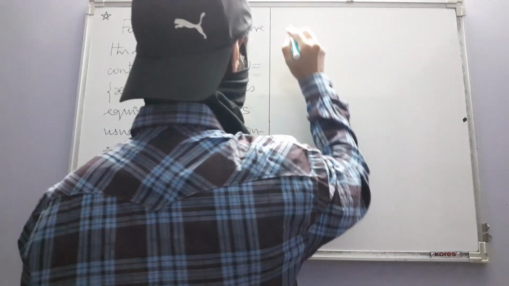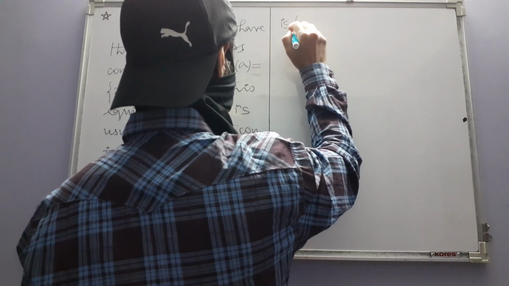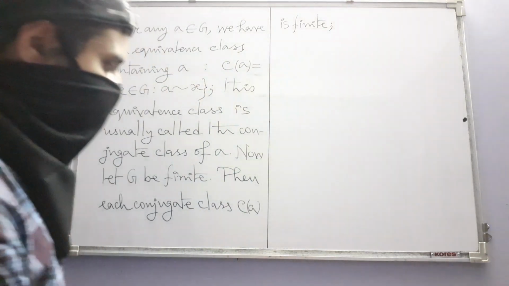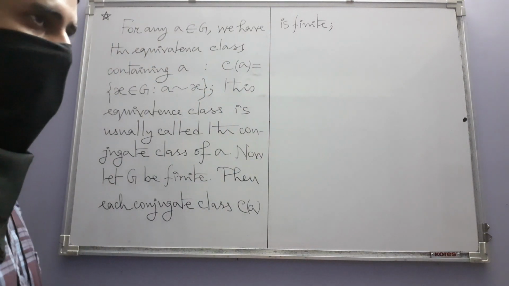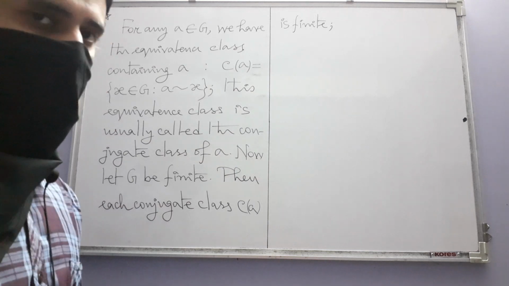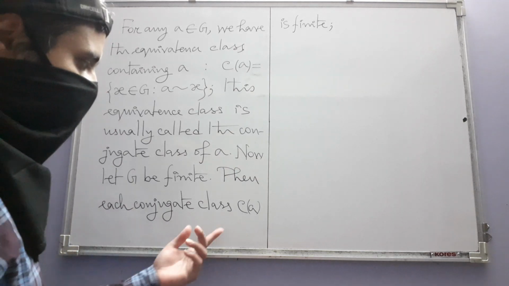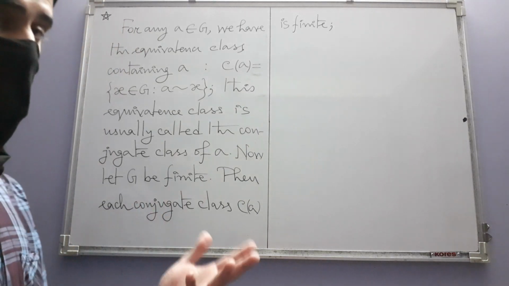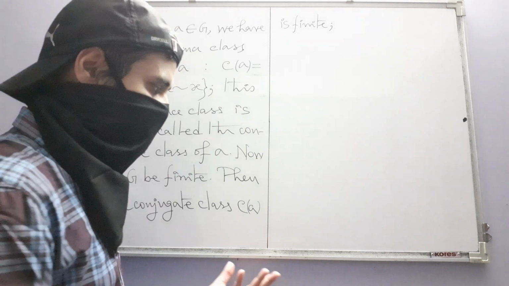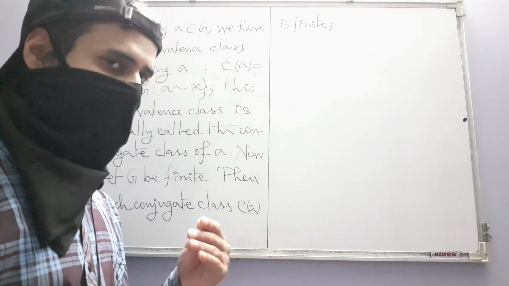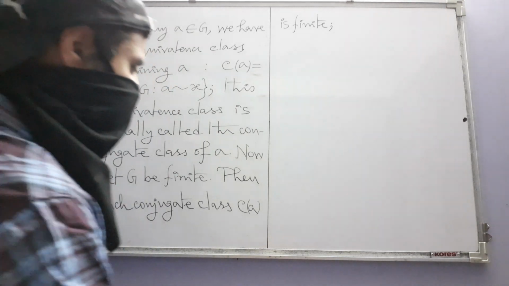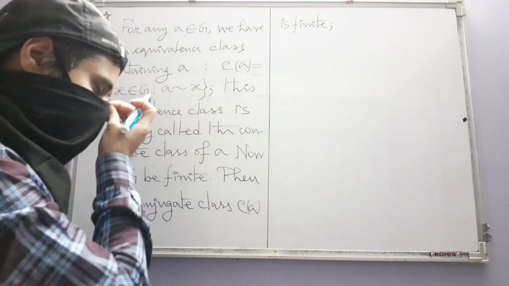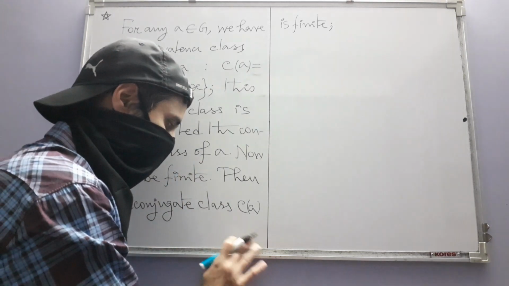Each conjugate class CA is finite, so the number of elements in each such CA will be an integer, and in fact a positive integer, because no equivalence class for an equivalence relation is empty. Every equivalence class is non-empty. So that number of elements is now what we are interested in.